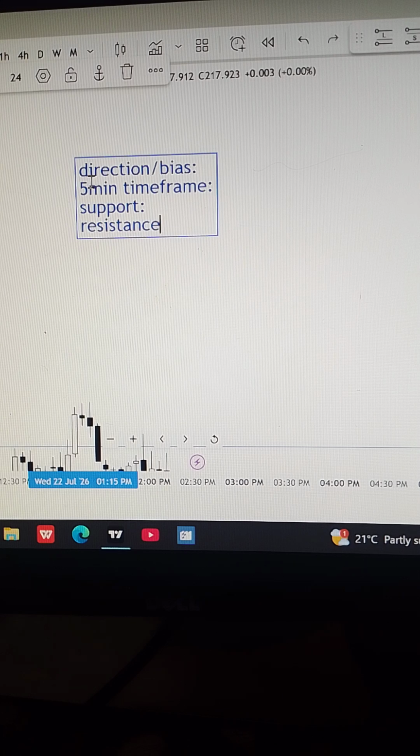After identifying support and resistance, you are supposed to identify the breakout.